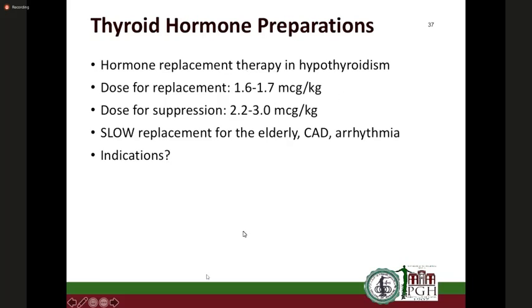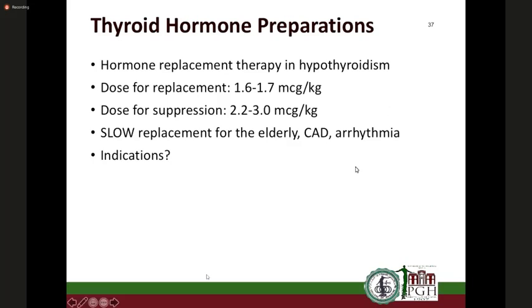Now, if on the other hand you're treating nodules, you want to suppress growth, or after thyroid cancer, you want to prevent regrowth of the thyroid cancer cells, you give a higher dose, as much as 3 micrograms per kilogram. The only exceptions, because you can start right off with the full dose, are the elderly, and those with coronary artery disease or at risk of arrhythmias.